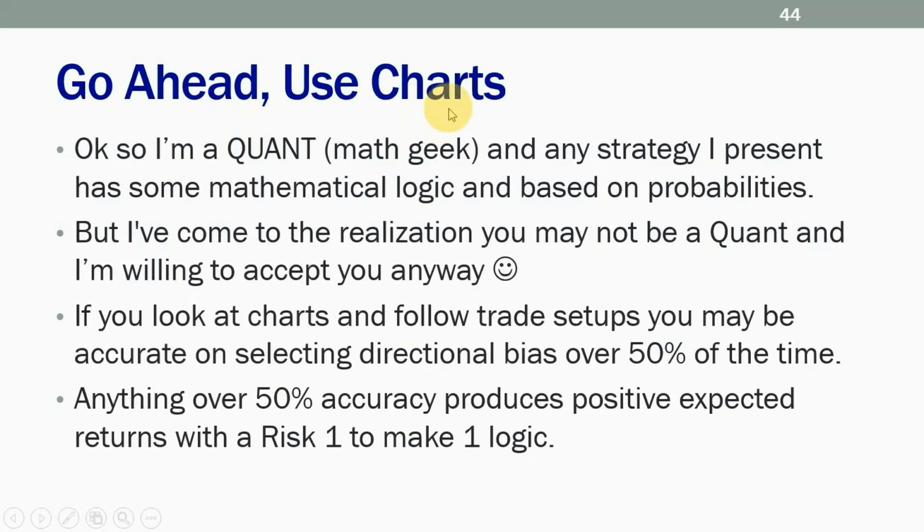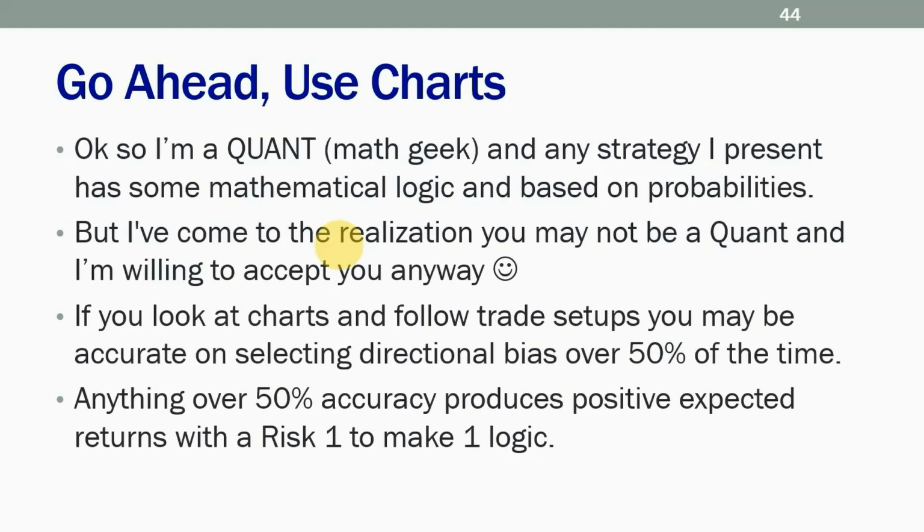Now we're starting to bridge our way, we're really getting close to getting into the criteria. So I'm a quant. It's just a math geek. And any strategy that I present is going to have some mathematical logic based on probabilities. But I've come to the realization that not everybody that comes here is a quant.